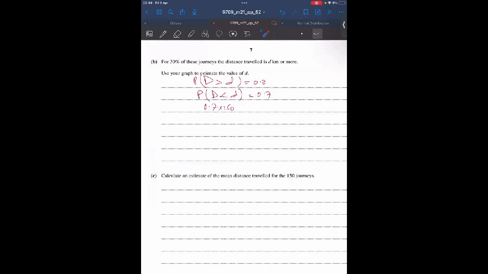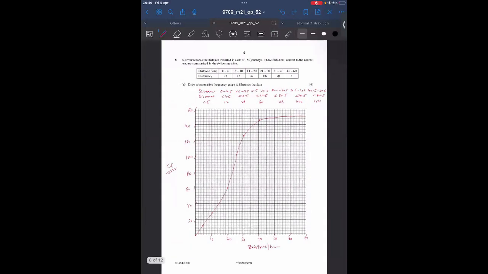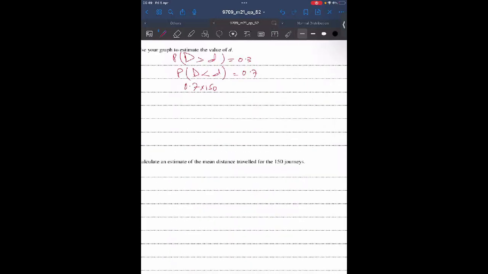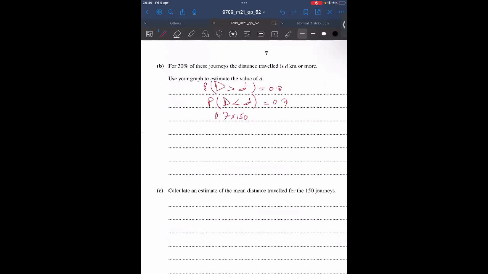Yes, we have subtracted from 1, so we got 0.7. The probability that the distance is less than d is going to be 70%. So 70% of the total frequency of journeys is going to be how much? 105 journeys.